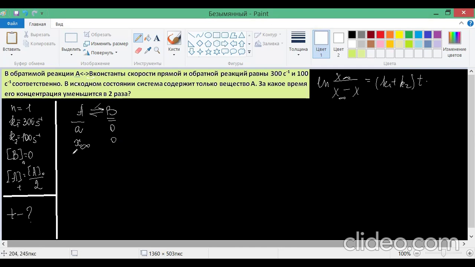And at the state of equilibrium, the concentration of the reagent A is equal to A minus x equilibrium, while the concentration of B is equal to x equilibrium, right?